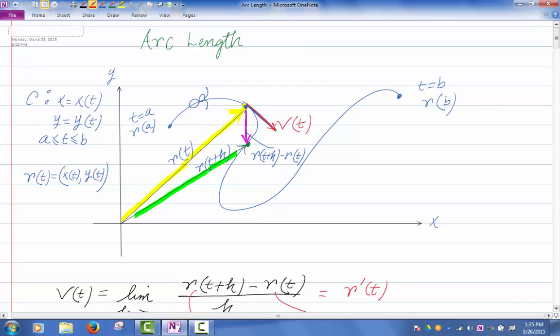So the velocity should be the tangent vector at that point, but then how do you find that tangent? How do you find the velocity vector? We know it should be tangent to the curve at that point.